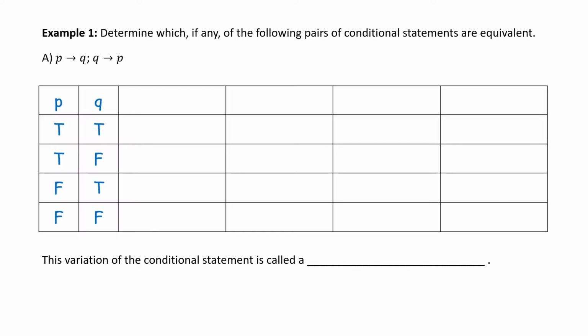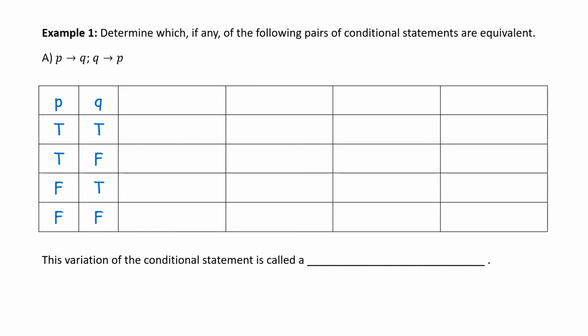Example, determine which, if any, of the following pairs of conditional statements are equivalent. Part A, P implies Q and Q implies P. To construct the truth table, we begin with two columns, one labeled P, followed by true, true, false, false, and one labeled Q, followed by true, false, true, false.